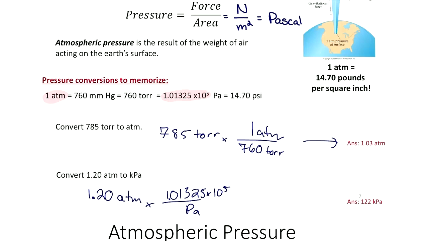Pascals on top, 1 ATM on the bottom. And so are we done? No, the question asks for what? Kilopascals. Is that something we need to memorize? No, that's just a metric prefix, right? So how many pascals in a kilopascal? 1,000. 1,000 pascals is 1 kilopascal.